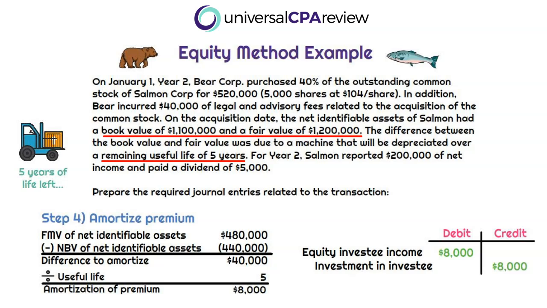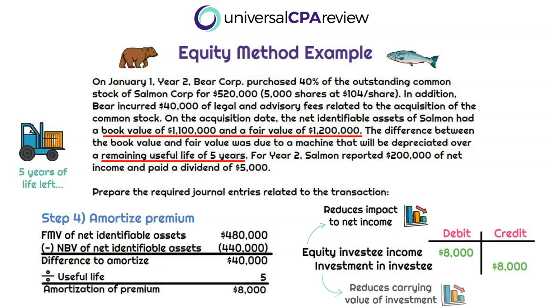And if you remember from step 2, we credited that account when we recorded our share of net income. So this debit is going to offset any share of net income, right? So if we had a gain resulting from net income, well, this would offset that gain partially. And then the credit is reducing the carrying value on the balance sheet for that investment in investee.